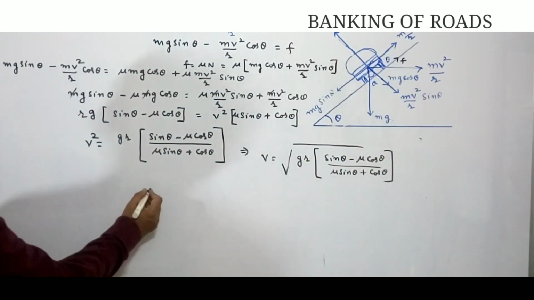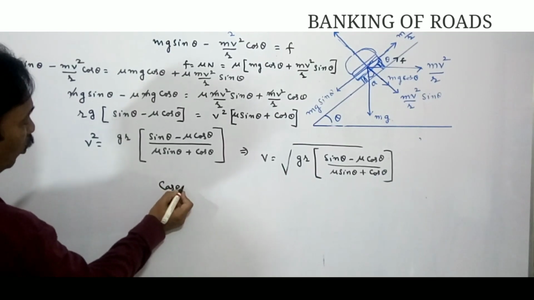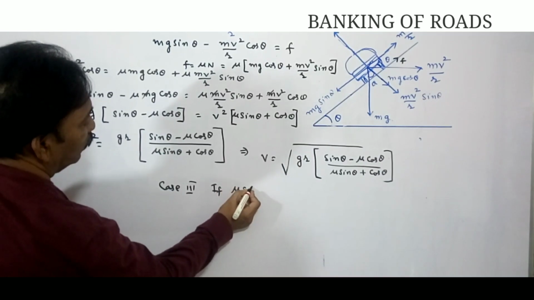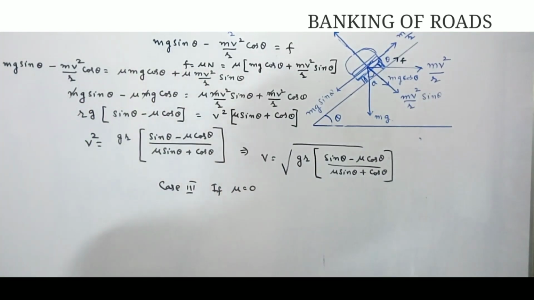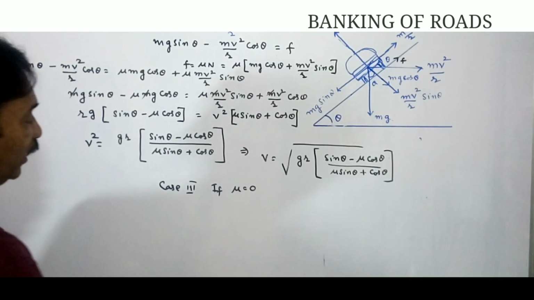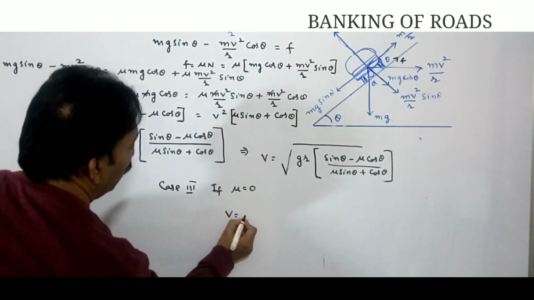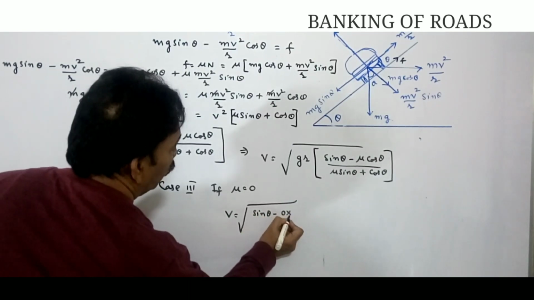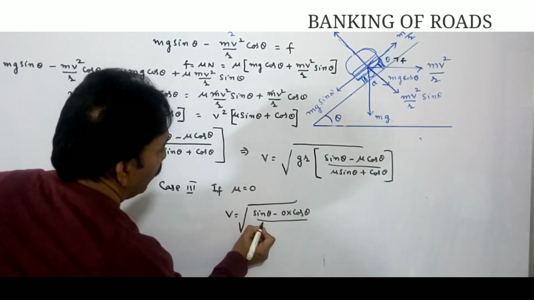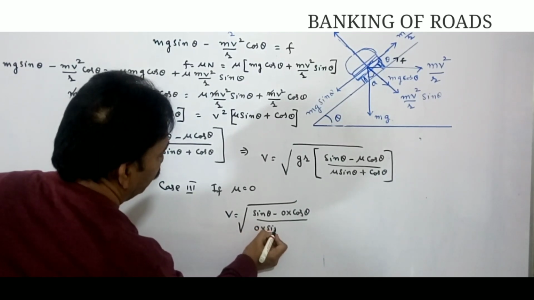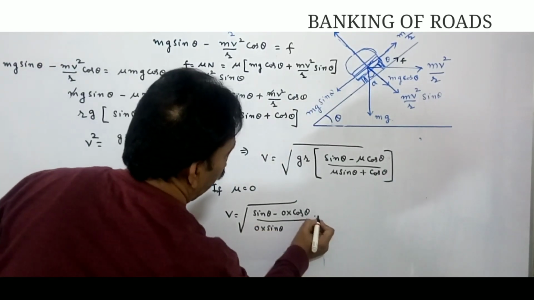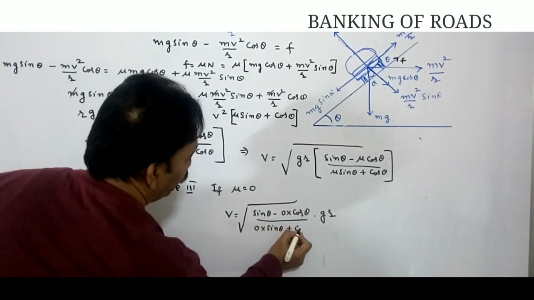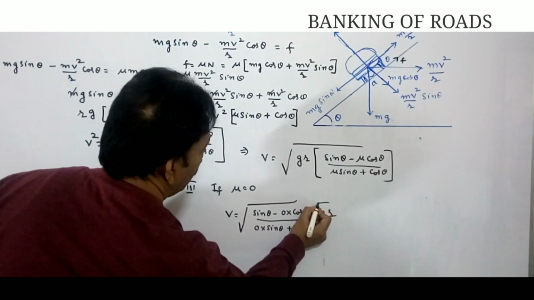Okay, let's take one more case. If the frictional force between the tires is equal to 0, then what do we get? v is equal to under root of gr of sin theta minus 0 into cos theta by 0 into sin theta plus cos theta.